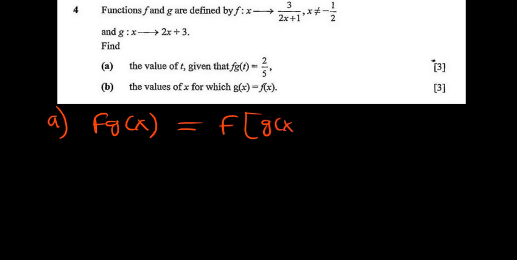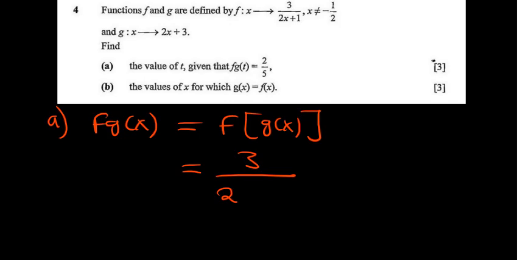Let's find f of g of x. We know this is the same as focusing on the function f, and where there is x you put g of x. So the function f of x is 3 over 2x plus 1.